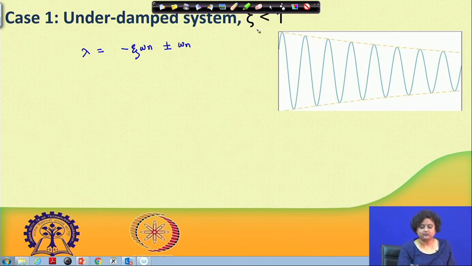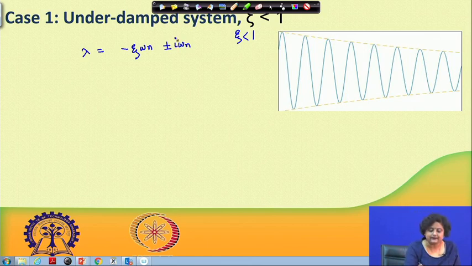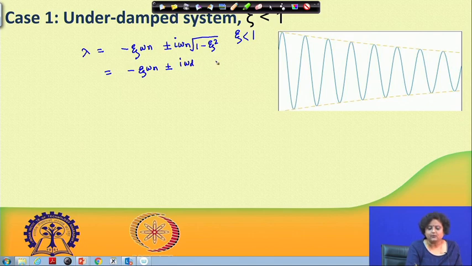Because zeta is less than 1, this is going to be a negative number, so it should be written as i, where i stands for root of minus 1, into root of 1 minus zeta square. Let me further simplify this and write it as minus zeta omega n plus minus i omega d, where omega d is omega n times root of 1 minus zeta square.